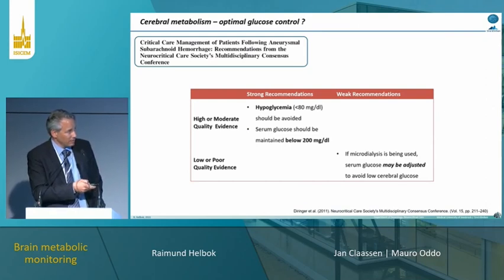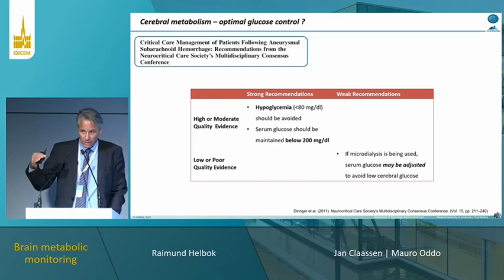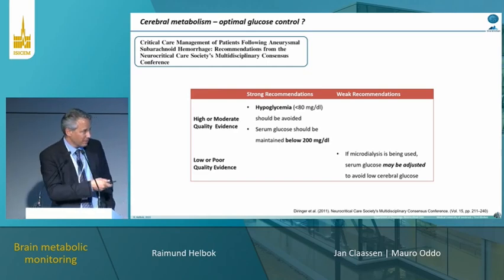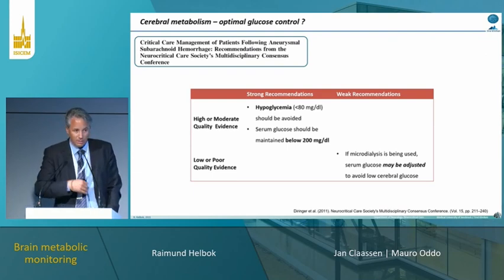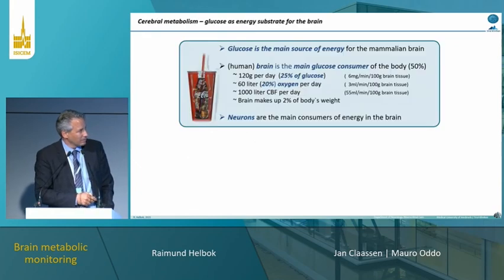What we fear is hypoglycemia, because we know that the brain needs glucose, so there's a certain lower level, and there's also a certain level, from animal studies, beyond 200 milligrams per deciliter, which is deleterious for the brain. That's the same in ischemic stroke, in TBI, in other diseases, and that's why the consensus recommendation is that it should be somewhere in between.